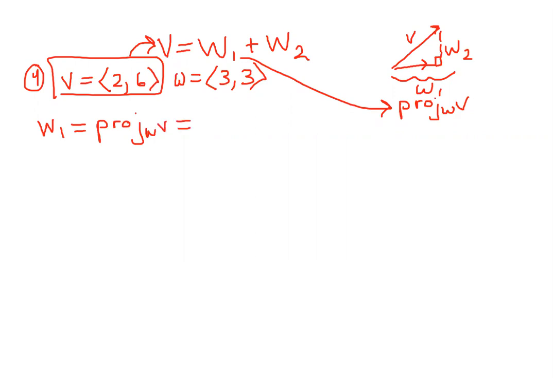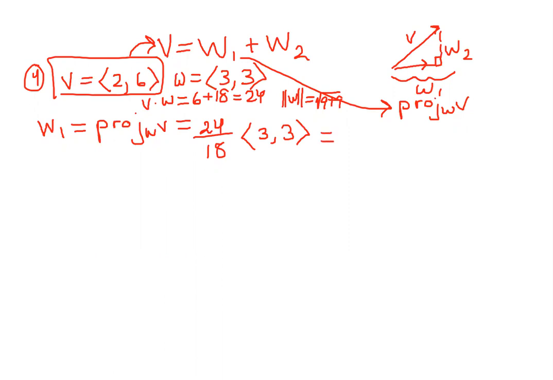So that equals the dot product. So if we find the dot product of these, V dot W equals 6 plus 18, which is 24. So that equals 24 over the magnitude of W squared, which is the square root of 9 plus 9, so that's going to be 18, times W, which is 3.